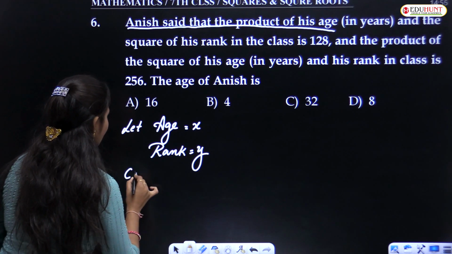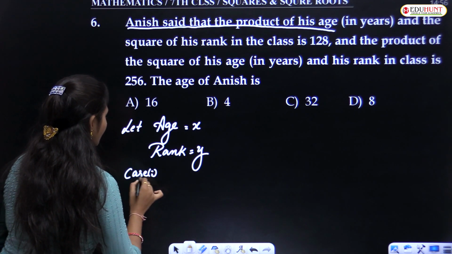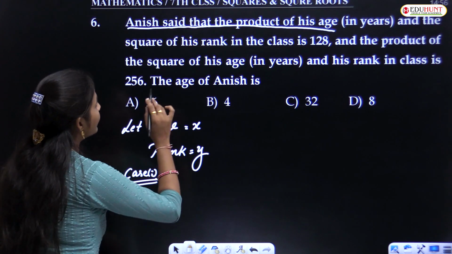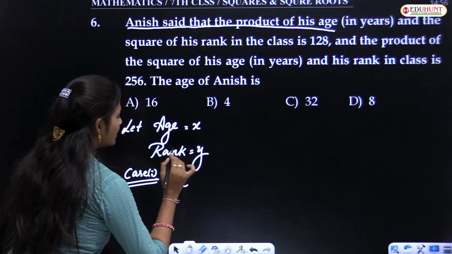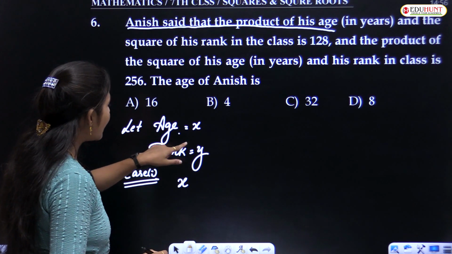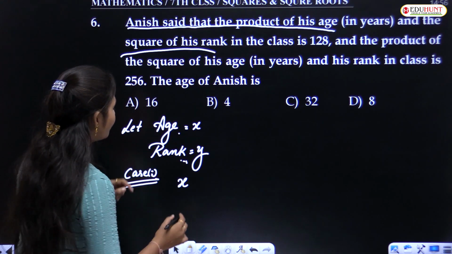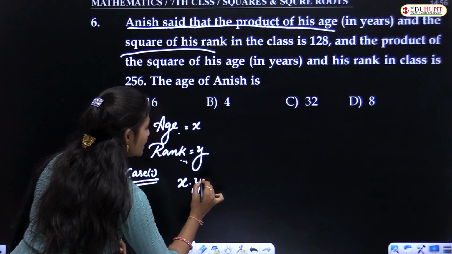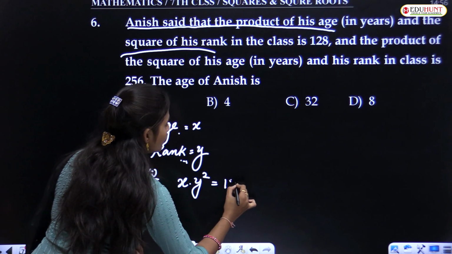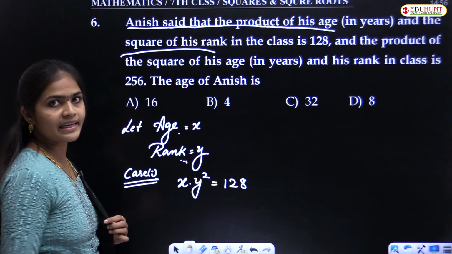So in case 1, the product of age and the square of his rank, which means x into y square is equal to 128.